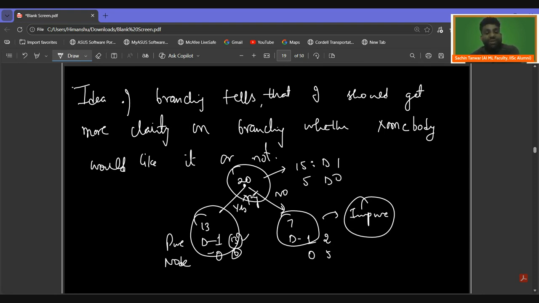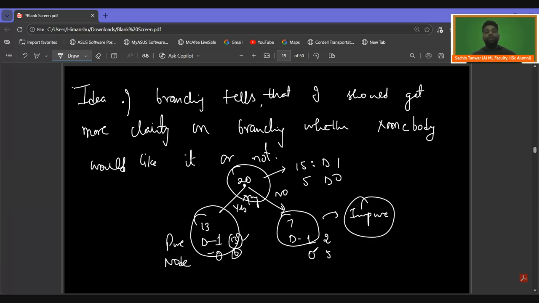But if I use this spy movie based criteria, I am able to get a pure node over here where everyone is saying we liked. And over here, I'm getting some impurity, but it's still fine. We will be able to decode how we can divide it further to get some purity if possible. But right now, I hope you're getting that the idea of branching is always to reduce the impurity.